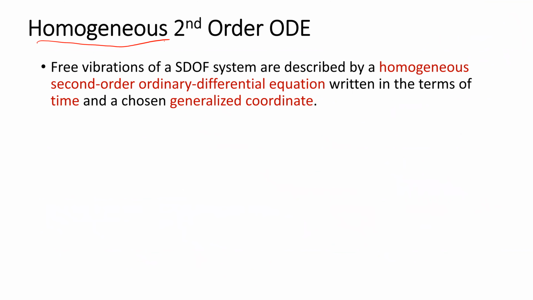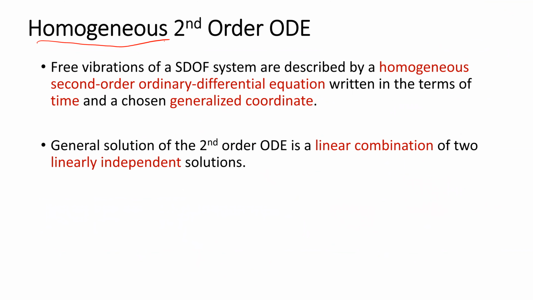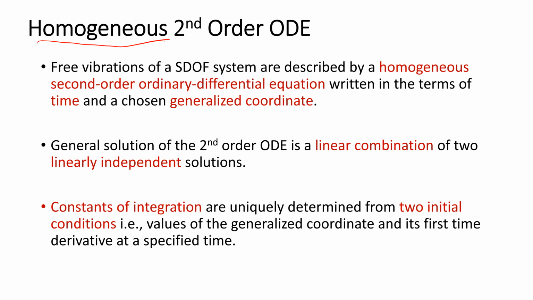And we should come back to the homogeneous second order ODE. What does this mean? A homogeneous second order ordinary differential equation, written in terms of time and generalized coordinate.